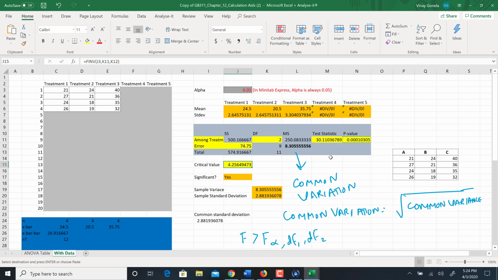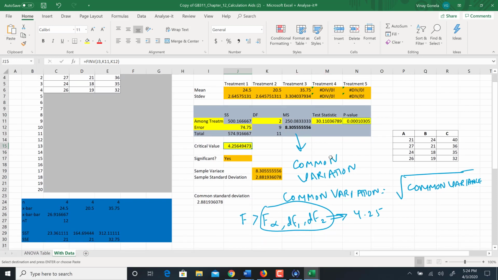So this is the critical value, which is 4.25, and your test statistic value is this, 30.11.